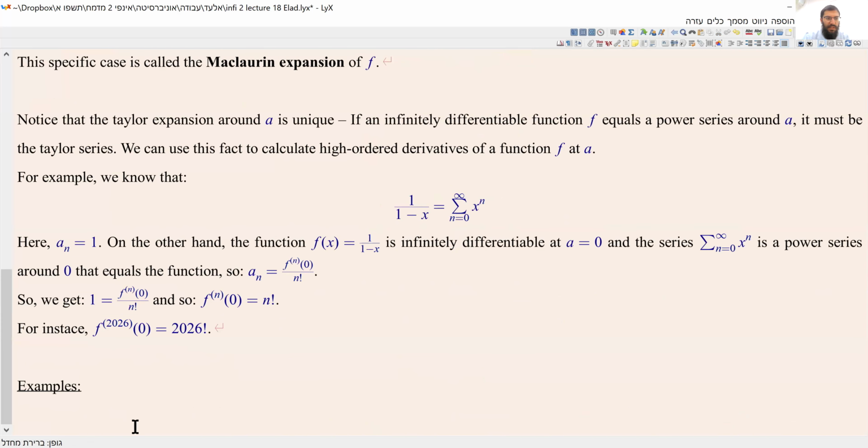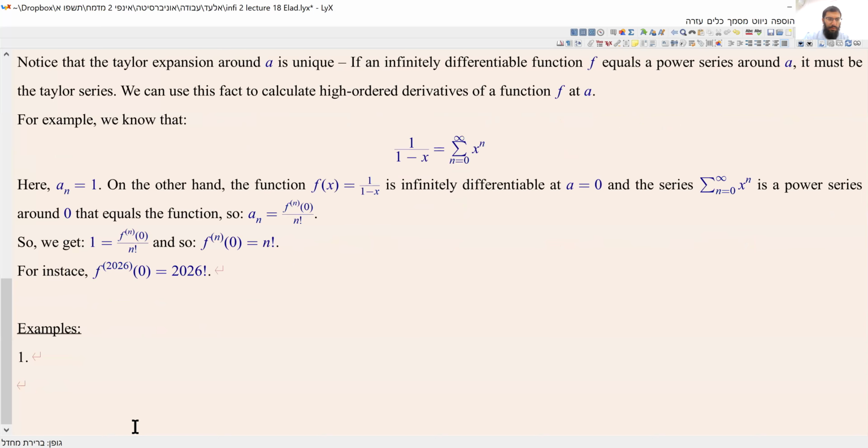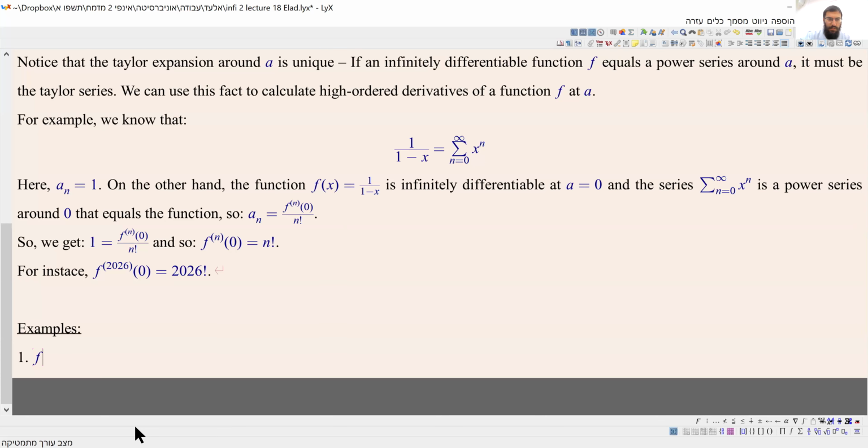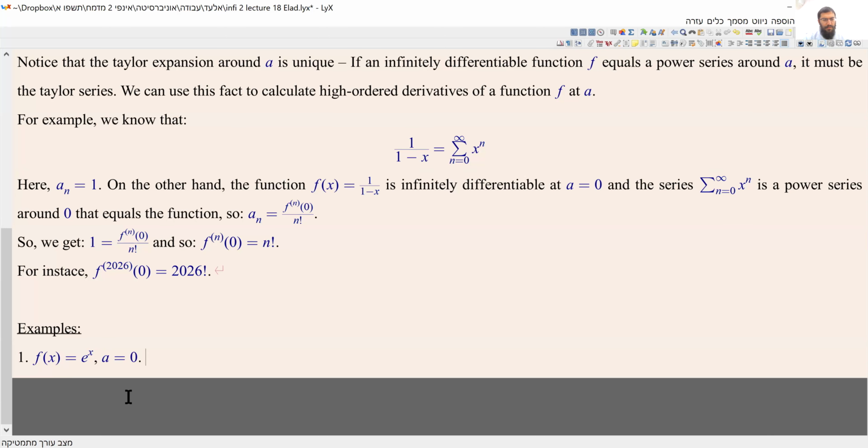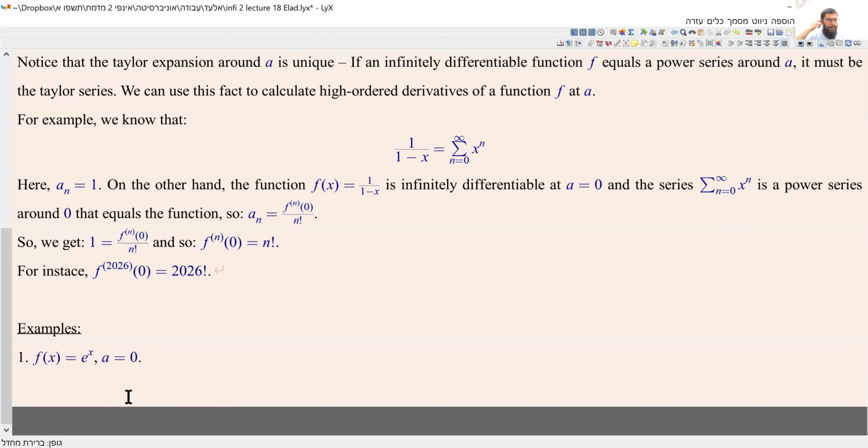So examples. We start with probably the simplest example, the function e to the power of x. And as I said, most, if not all, of our examples are going to be around 0. We know how to calculate the derivatives of e to the power of x. It's pretty easy.